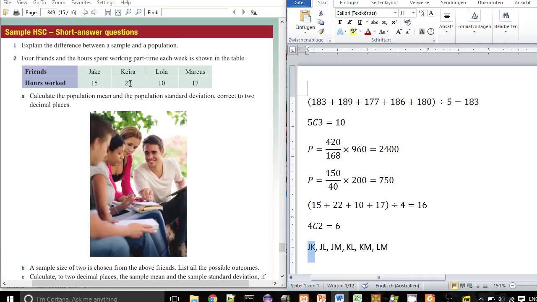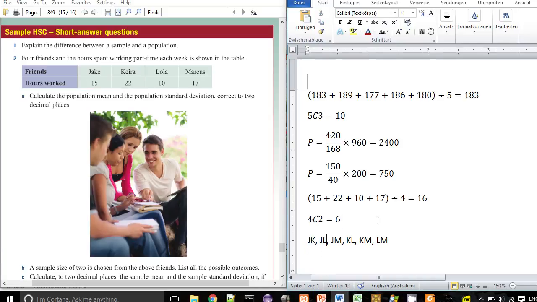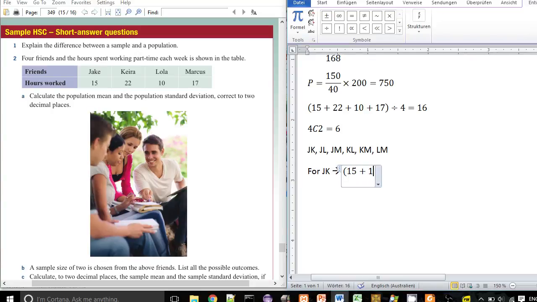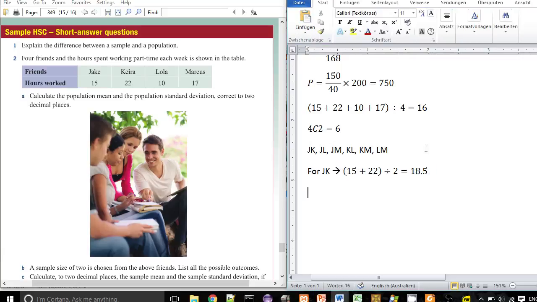So for JK, the mean is going to be 15 plus 22 over 2, so 18.5. Okay, the standard deviation, I don't know. You'll have to put them in your calculator and get it to find it. If I had to estimate, let's say 3 or 2 point something, it's hard to tell.